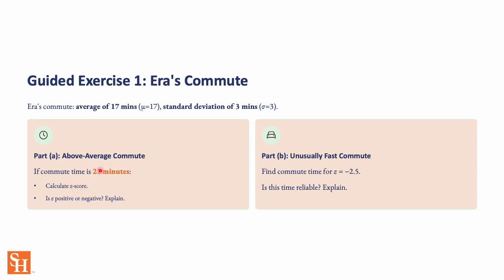And the second question is, now we have the Z score. The Z score is negative 2.5, and we have to find the commute time associated with this Z score, and whether this time is reliable for Ira to commute from home to school.